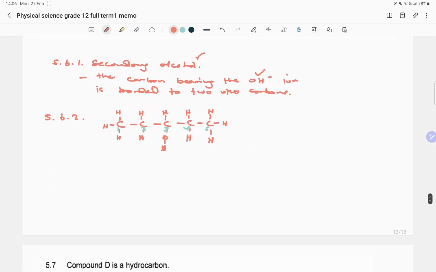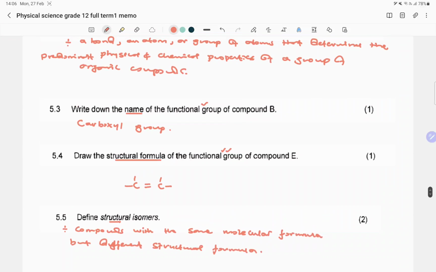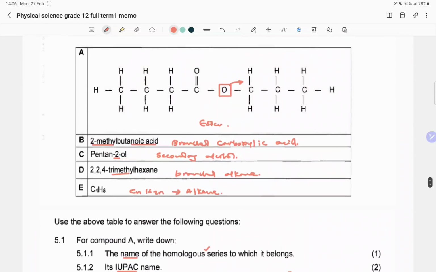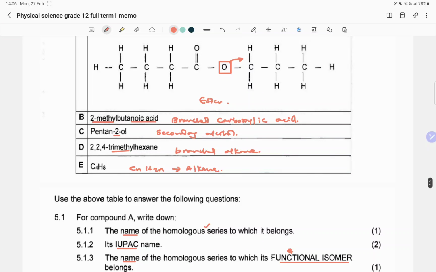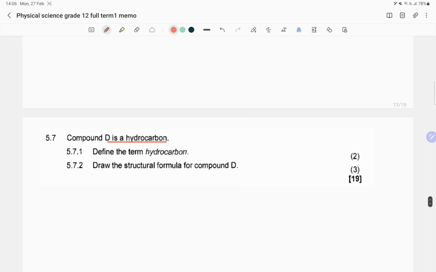Okay, so let's look now at compound D, which is a hydrocarbon. We saw that compound D is basically a branched alkane. Yes, that's true. Now it says define the term hydrocarbon. Again, textbook work.